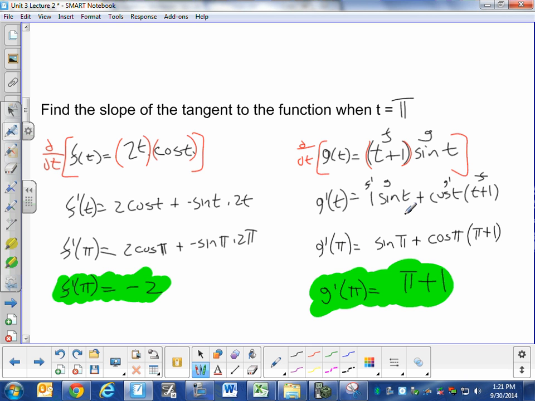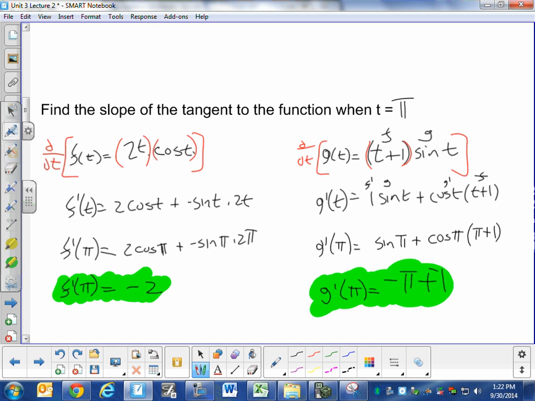Plug in pi. The sine of pi is 0. Cosine of pi is -1. This should be negative. Sorry. Yeah. -1 times pi plus 1 would be negative pi plus -1. And the first one would be -2. Okay, I just didn't distribute that.